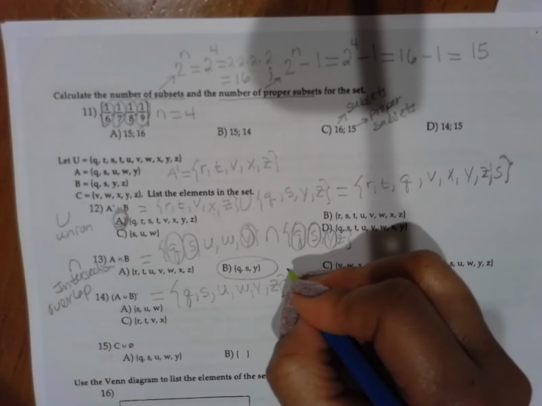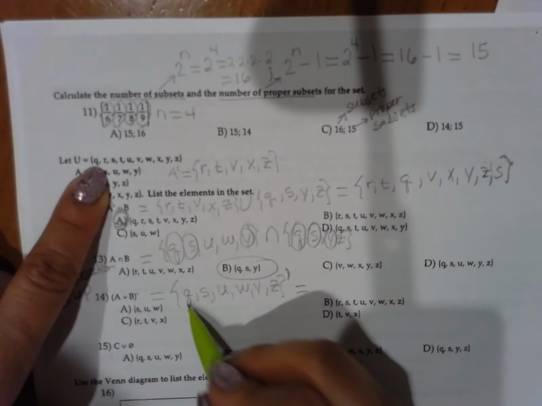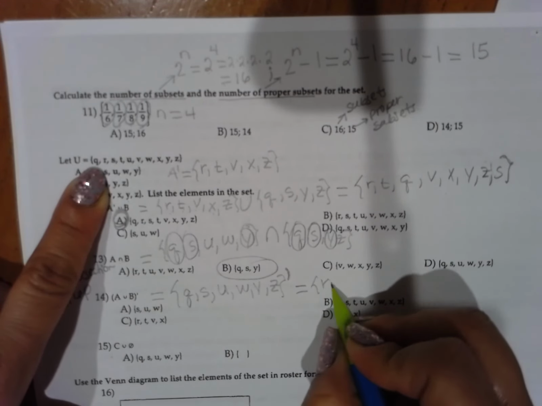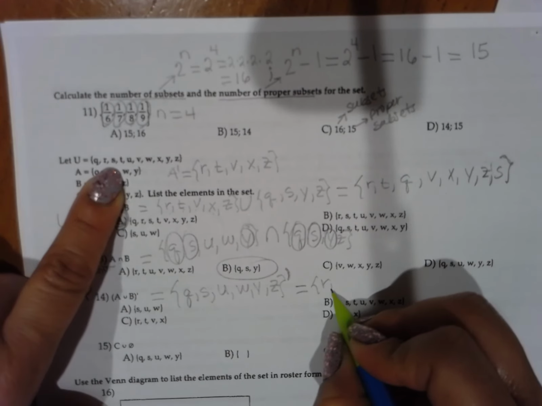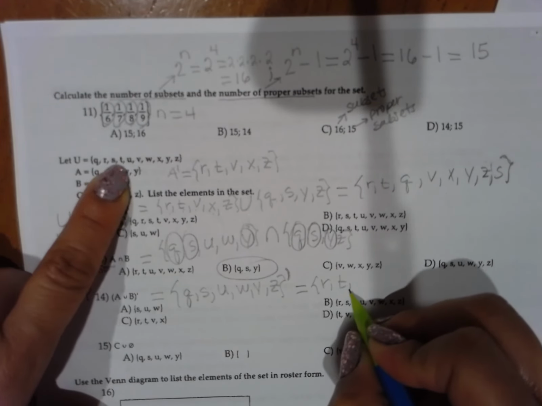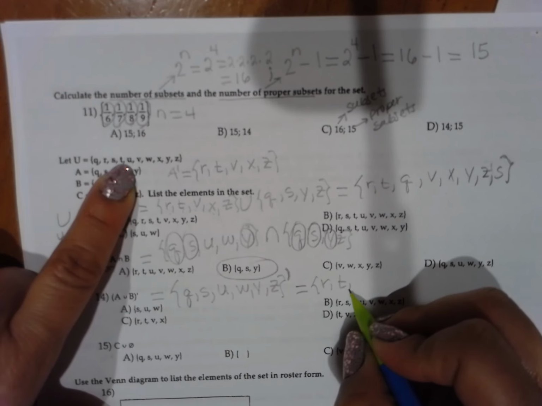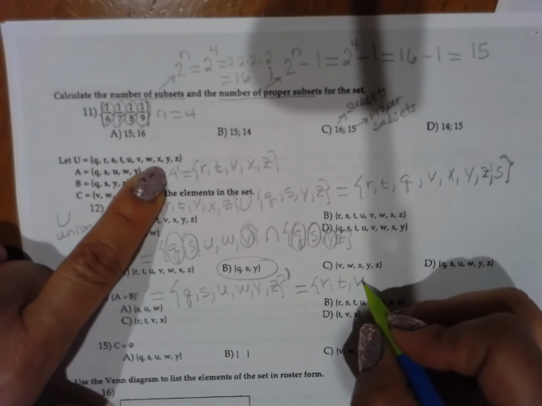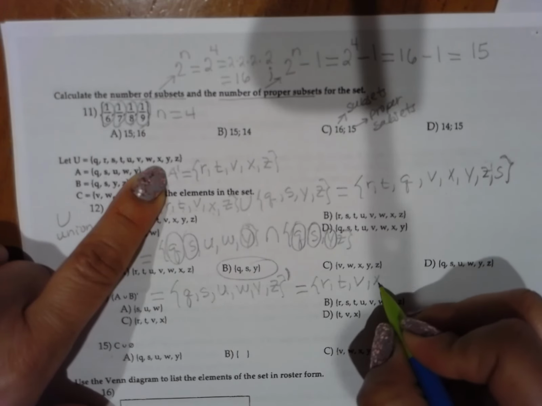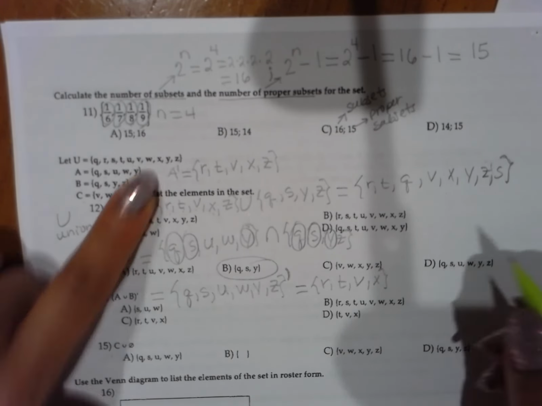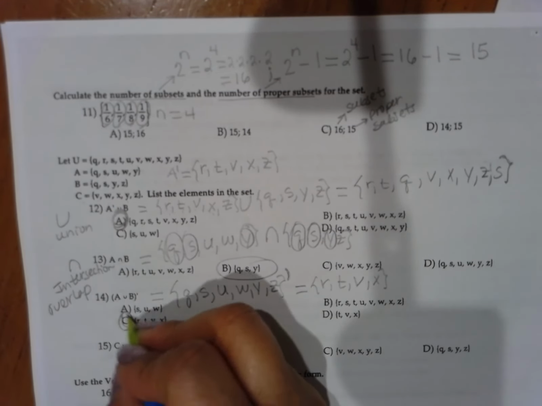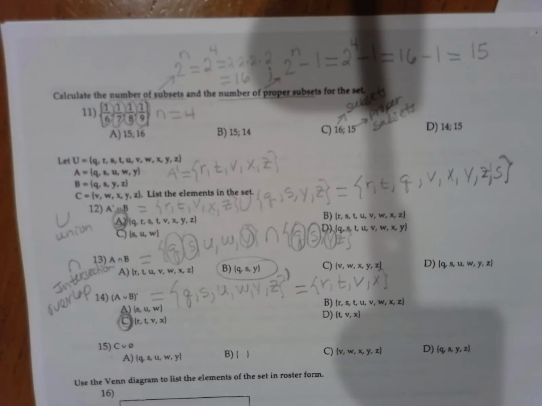So now you're looking for the complement of that union. So the complement of that union, you're going to go back and look at the universe. You have the Q, you're missing the R, you have the S, you're missing the T, you have the U, you're missing the V, you have the W, we're missing the X, and you have the Y, and you have the Z. So it should be R, T, V, X, and that will turn it into answer letter C.